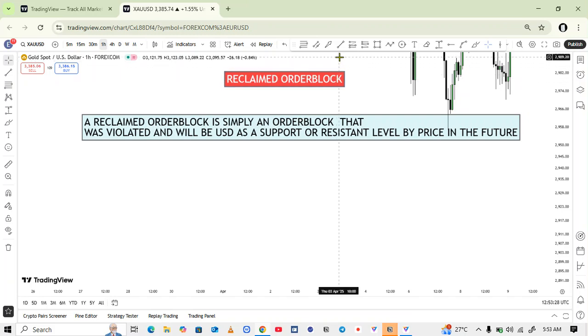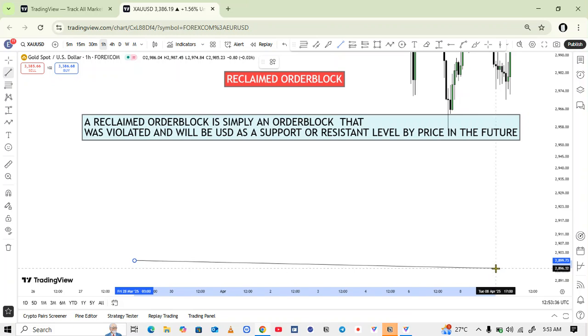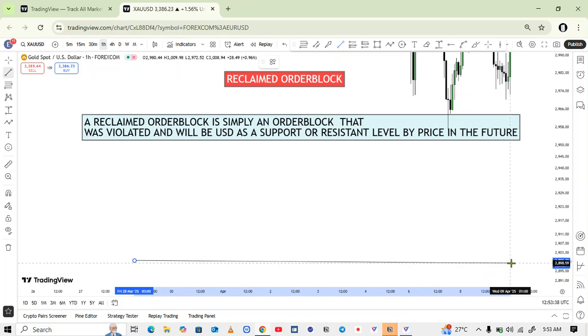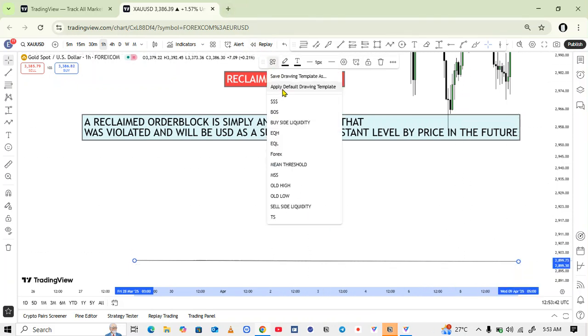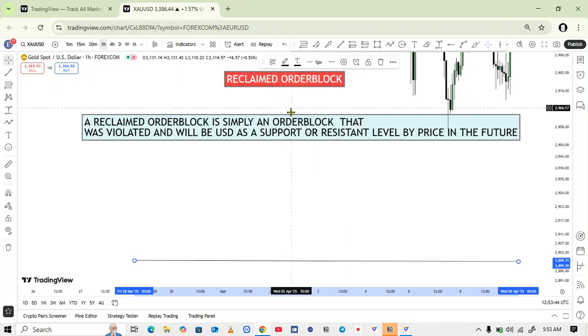So without wasting much of your time, with an example, let us say there is a key level. Let us say that this is a key level, and liquidity is resting below here. This key level is a liquidity area where price is coming to.